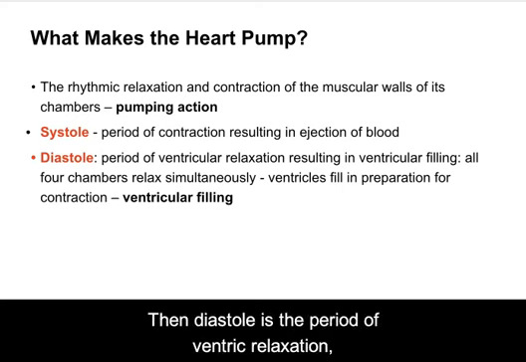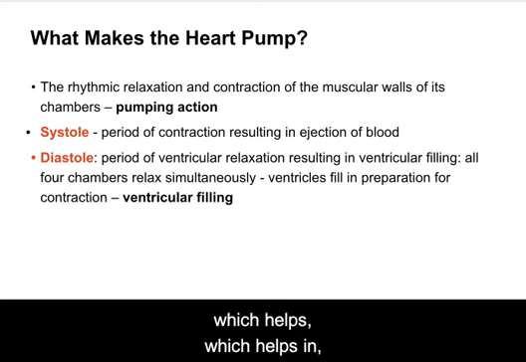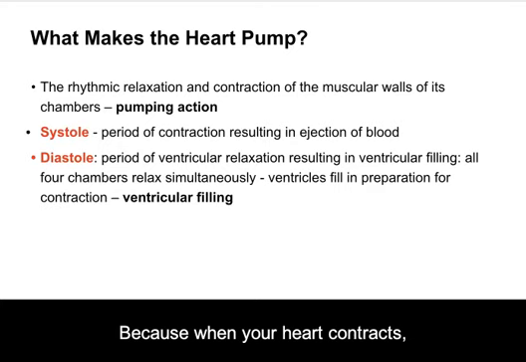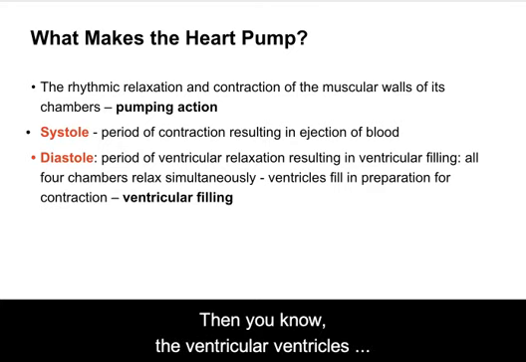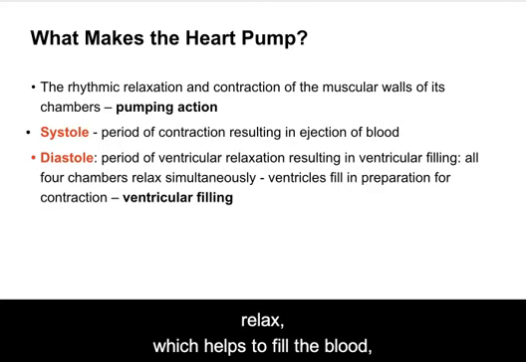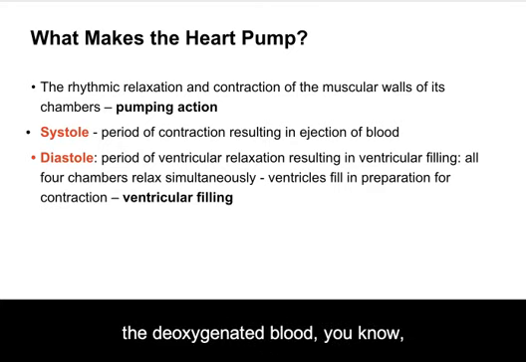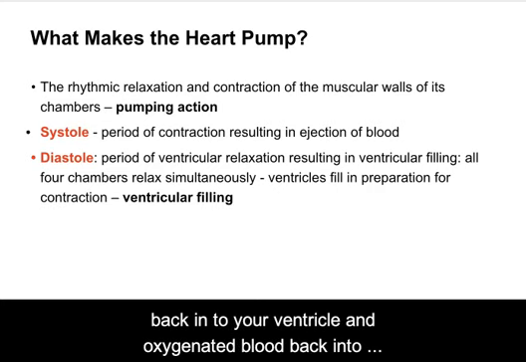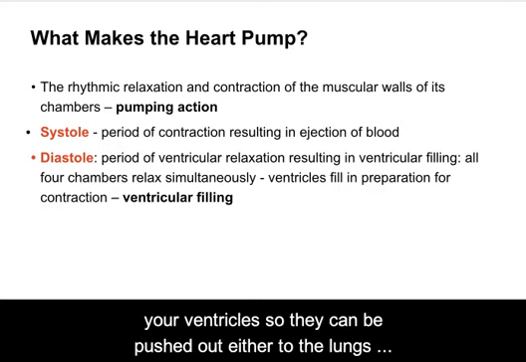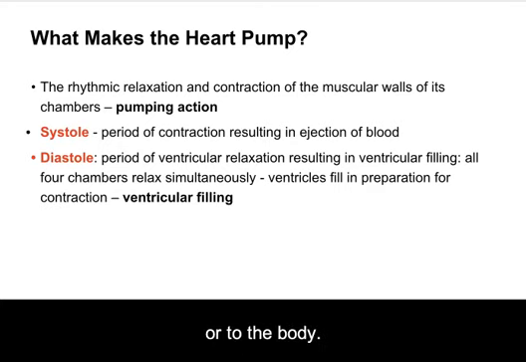Then diastole is the period of ventricular relaxation, which helps in ventricular filling, because when your heart contracts and pumps the blood out, the ventricles relax, which helps fill them with deoxygenated blood and oxygenated blood, so they can be pushed out either to the lungs or to the body.